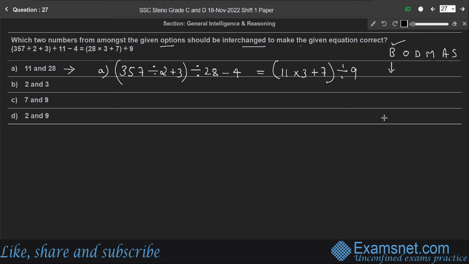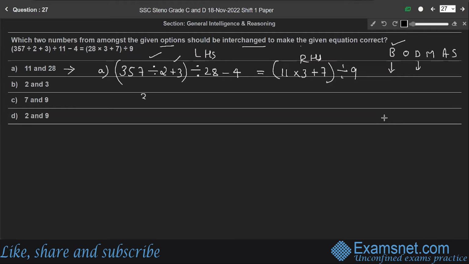Remove the bracket. Inside the bracket, we have division and addition. In the left hand side part and in the right hand side part, inside the bracket, we have multiplication and addition. So in the LHS part, first go for division according to the BODMAS rule.